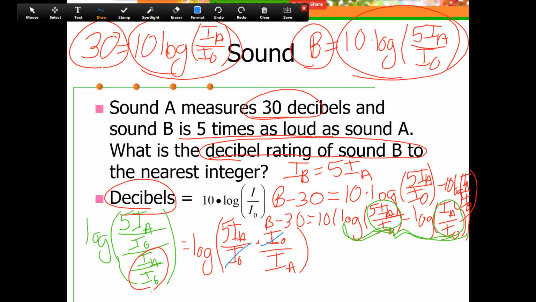These cancel because they're the same, so those will cross cancel. And the intensity A's cancel also because those are the same. And all we're left with is log of 5, which is a number. And that's really, really awesome. So this side over here of the equation is 10 times log of 5, which is a number. So that makes everything a lot easier.